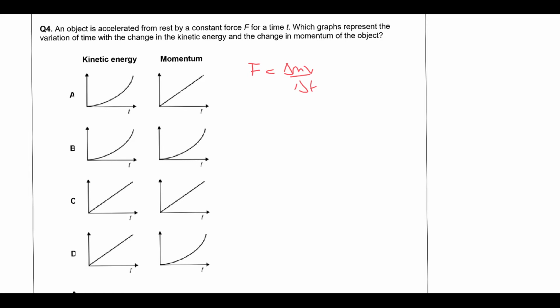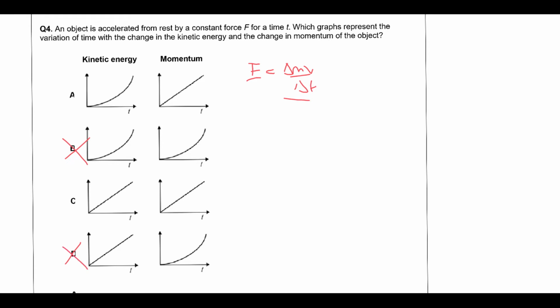So what this says is the rate of change of momentum is directly proportional to the force. So if you have a constant force, the rate of change of momentum with time will also be a constant. So that would be the gradient of the momentum versus time graph. So that means the momentum versus time graph has to be a straight line. So we can get rid of this.